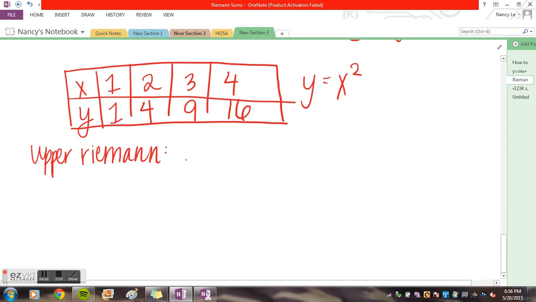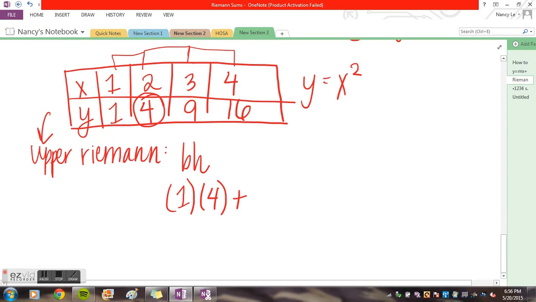So if we wanted to do an upper Riemann, then we would take the area of all the rectangles from the interval of 1 to 2, and 2 to 3, and 3 to 4. So the formula for the area of a rectangle is base times height, right? So we take the base, which is 2 minus 1, that's 1, and the height of that rectangle, and remember we are looking for the upper Riemann sum, so we take the highest y value.